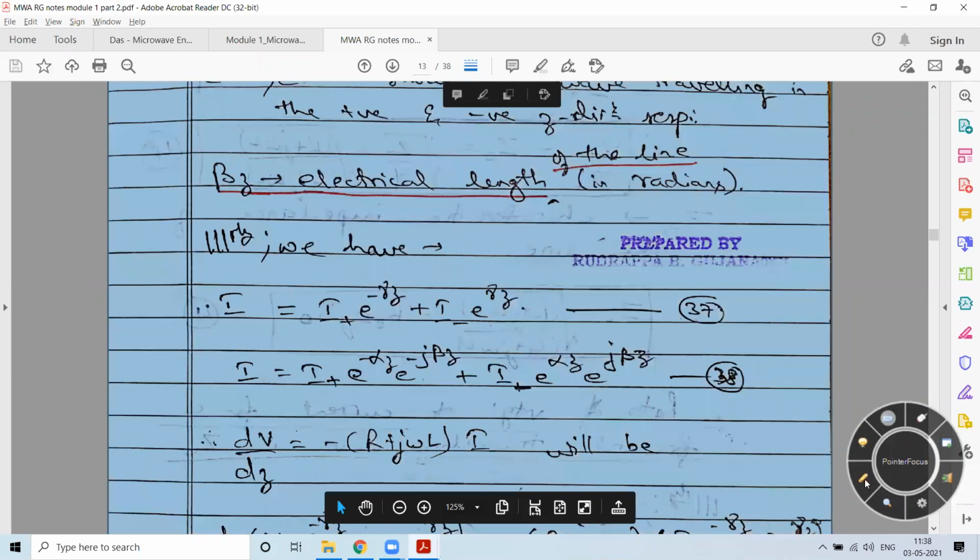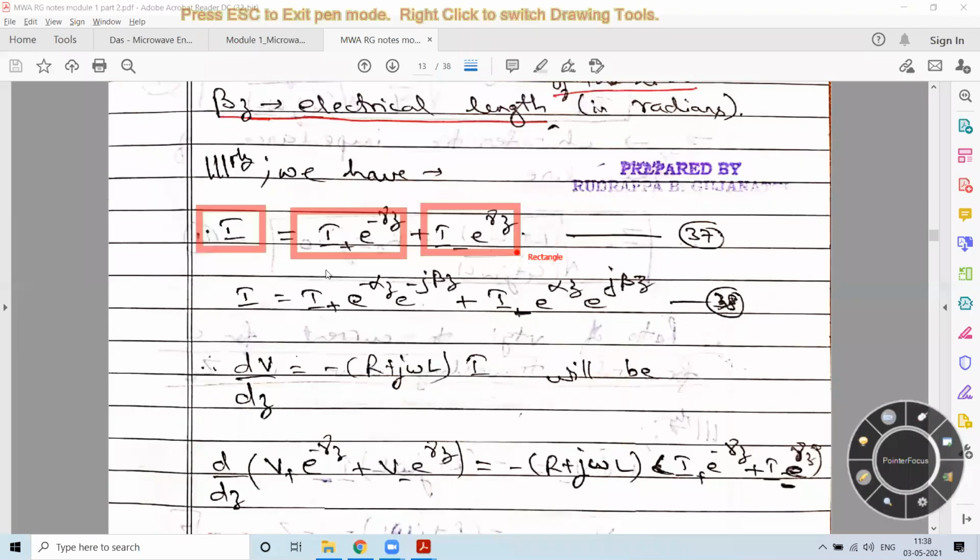Similarly, for the current representation, I is represented with the incident and reflected parameters of the current, which is I plus e raised to minus gamma z plus I minus e raised to plus gamma z. When I replace gamma with alpha plus j beta, I plus e raised to minus alpha z is the amplitude parameter, and e raised to minus j beta z gives the phase information.